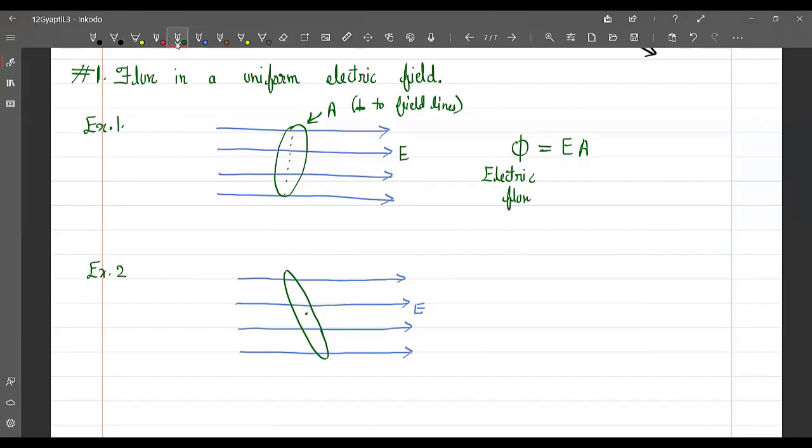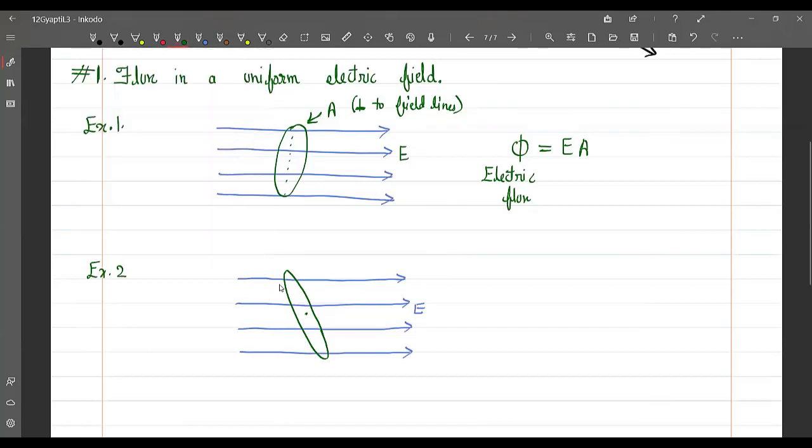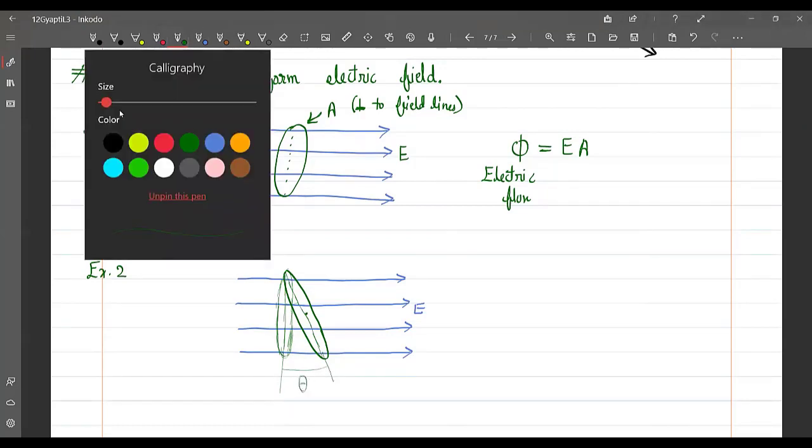So what I do, I will just take the component of the area in the flow direction. Let us say the angle between the original diameter and the projected diameter is theta.